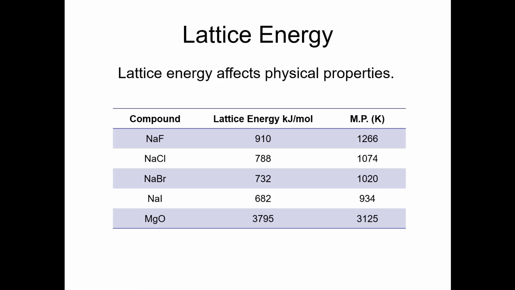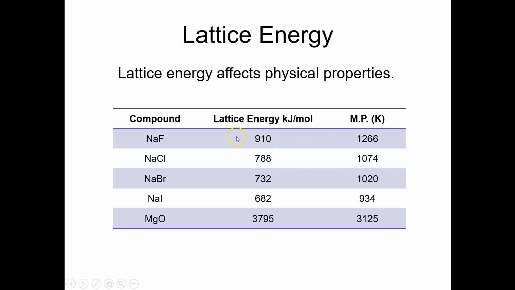An important thing to note, and this typically crops up on tests, and I've seen this not only on my tests but on the AP exam, is that lattice energy is going to affect physical properties. If you think about what the melting point of a particular compound is going to be, its melting point is going to be a function of the attractive forces between particles.